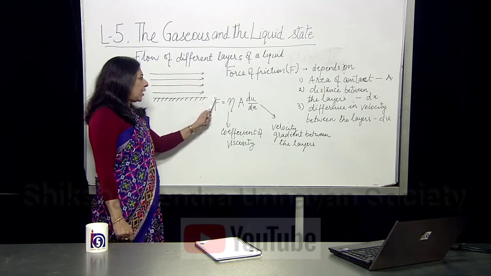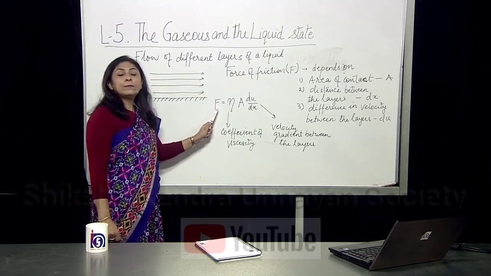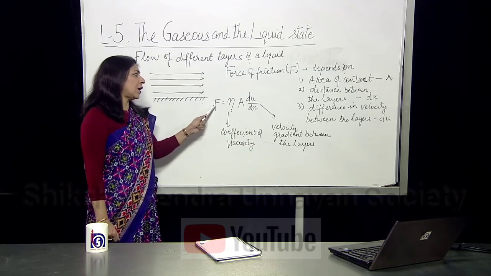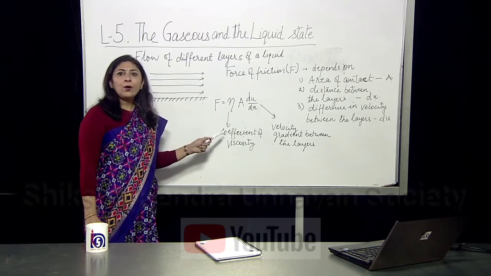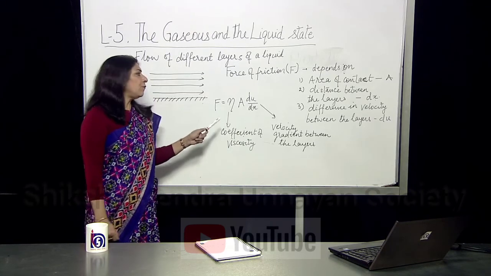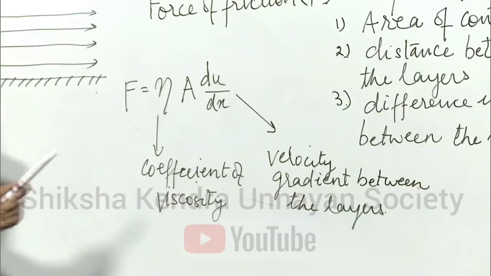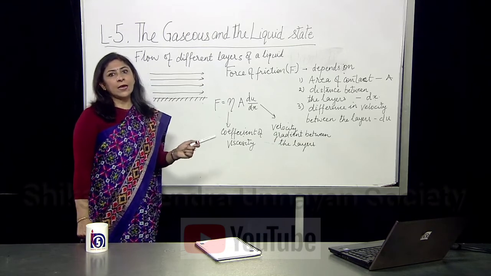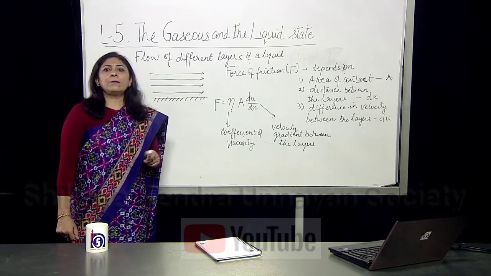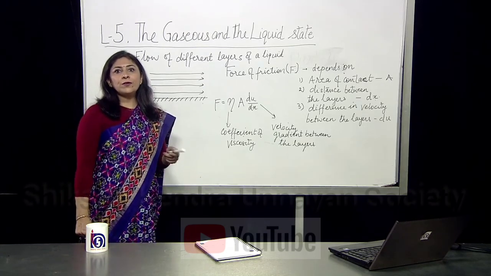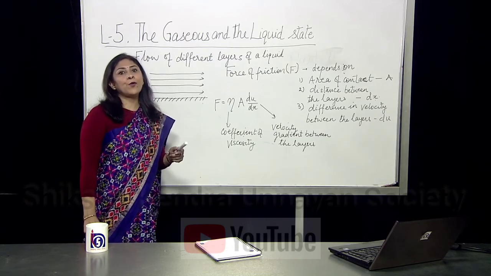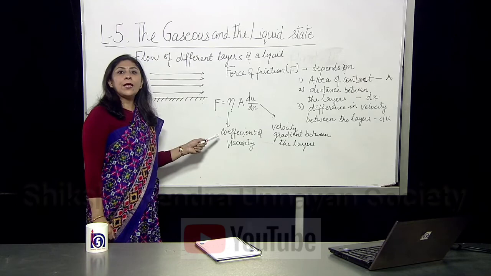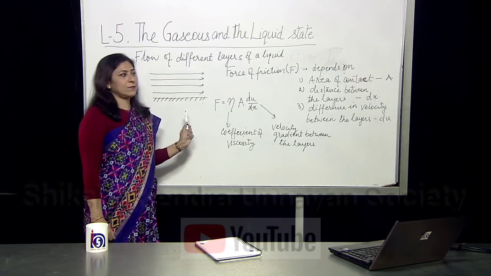The CGS unit of viscosity is dyne second per centimeter square, and in MKS we have Newton second per meter square, or we can say it is a Pascal second. Otherwise, the viscosity unit is also known as the poise. So we can say 1 Pa·s is equal to 10 P, or 10 poise.